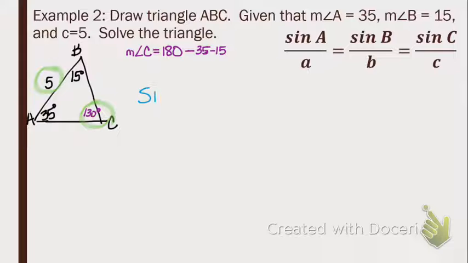So you're going to have the sine of 130 over 5. And then to find A, you would need the sine of angle A, which is 35, over A. Go ahead and solve that.